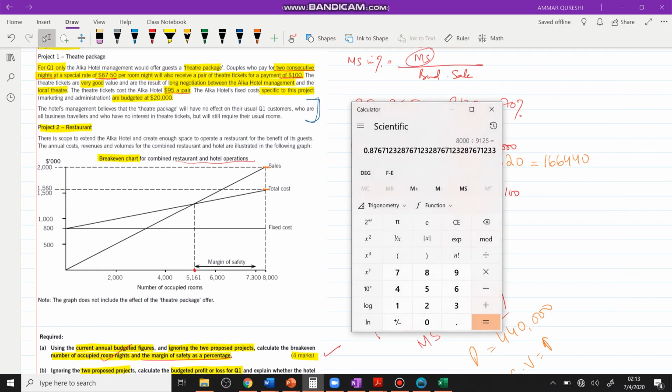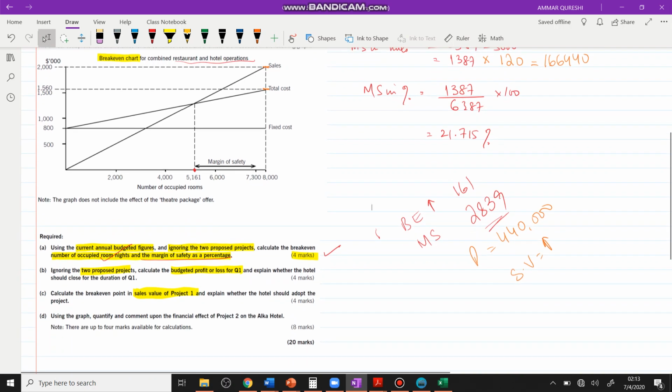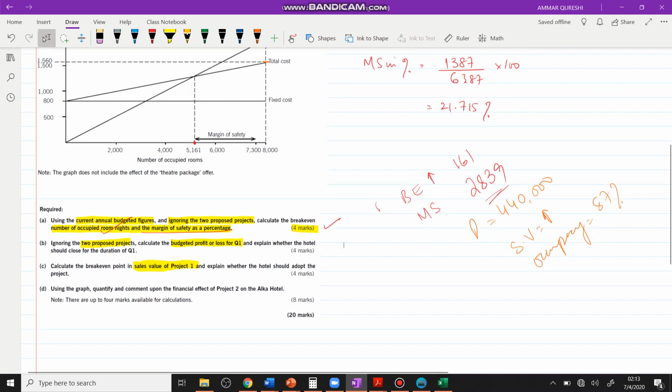That means you will be having 87% occupancy in that case. 87% occupancy means a huge amount. So it's a good thing, and it seems that the company should go with this option because everything is in favor of the company, right?